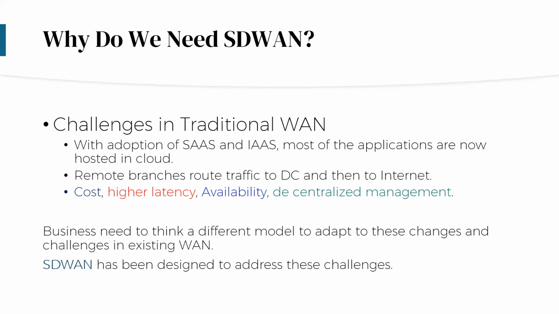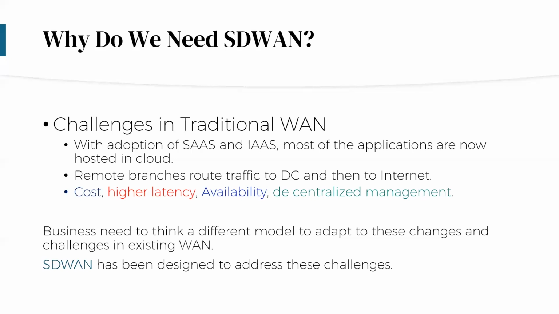Now, the challenge in the traditional WAN is with software as a service applications, for example, Office 365 and Salesforce. These applications are hosted in the cloud, which requires an internet connection. For example, a user sitting in a branch or remote site who wants to connect to that application requires an internet connection.